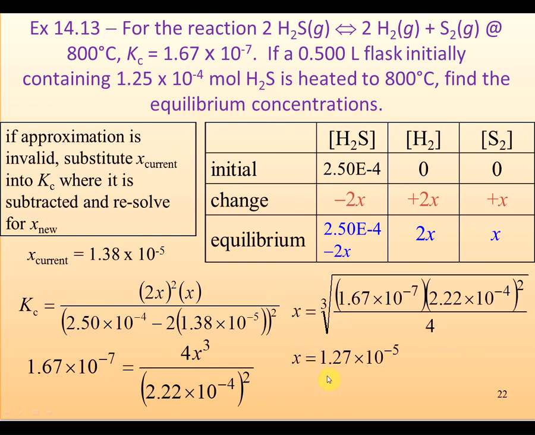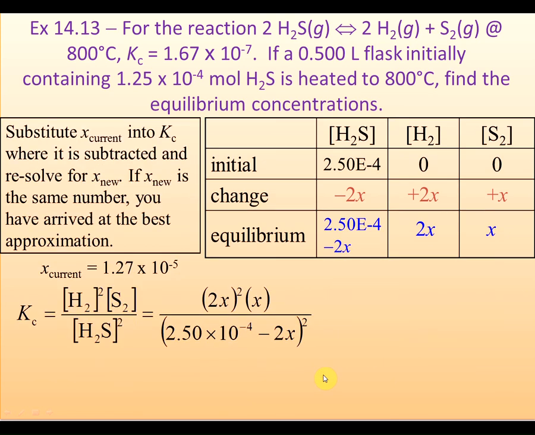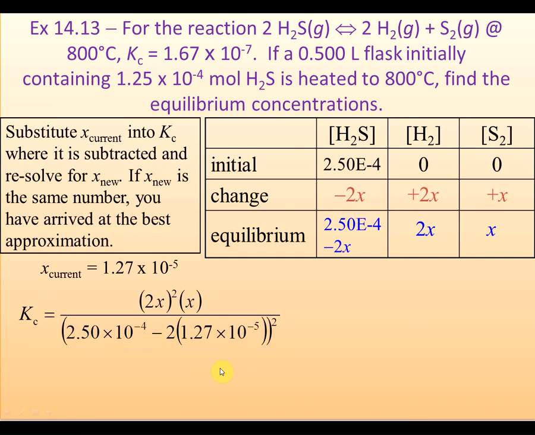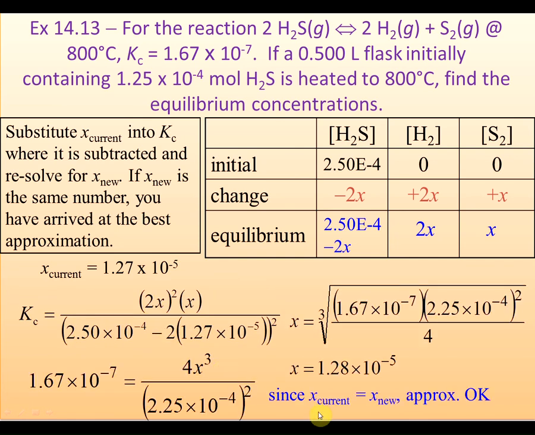Now that you have the new x value, you substitute and do the approximation again, and you keep doing it until your current x value and your new x value are the same. So you're doing a successive approximation. With this method, if you understand what's going on, you can use it, but for most students I would recommend not doing it because it usually causes more problems than it helps. Using the quadratic would probably be easier for most students.